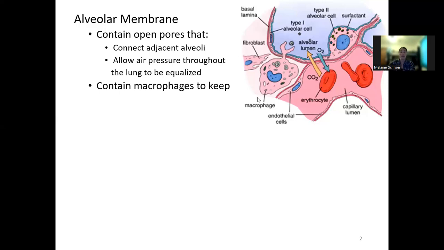Also, the alveolar membrane allows macrophages. We learned about macrophages in the cardiovascular system. These are white blood cells that escape from the capillaries and essentially just kind of patrol around in our tissues. Here in the lungs, they try to capture anything that made it past all of those other defense mechanisms that we have.